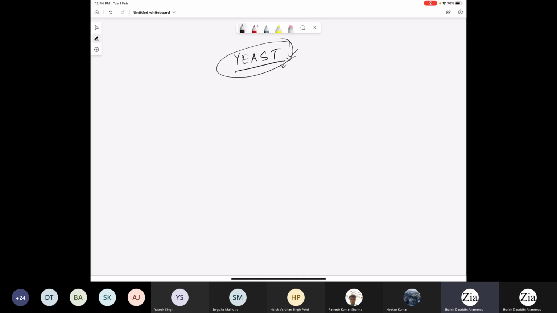Similarly, in yeast also, Saccharomyces cerevisiae is a well-known host for recombinant work, used as a recombinant platform for manufacturing or producing different recombinant biomolecules.